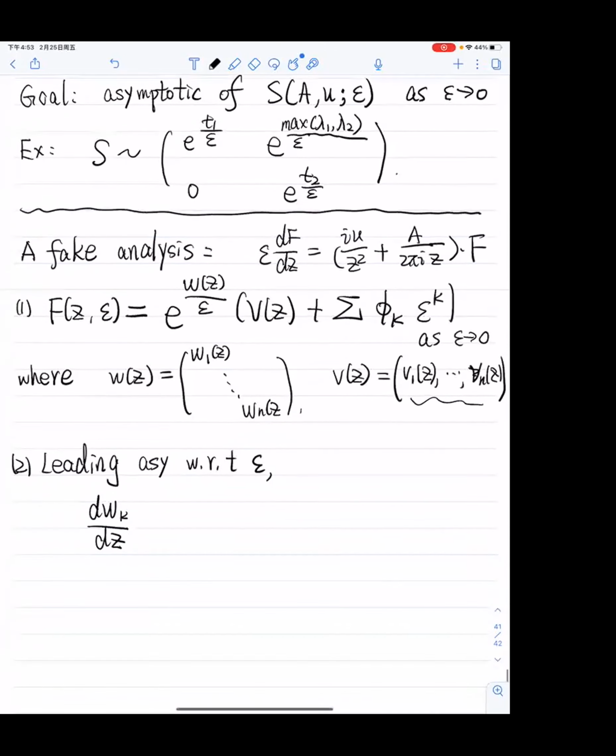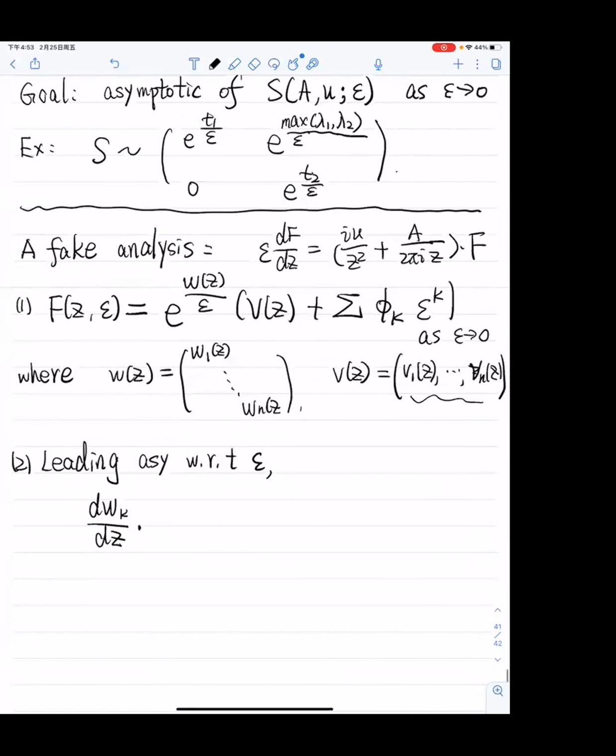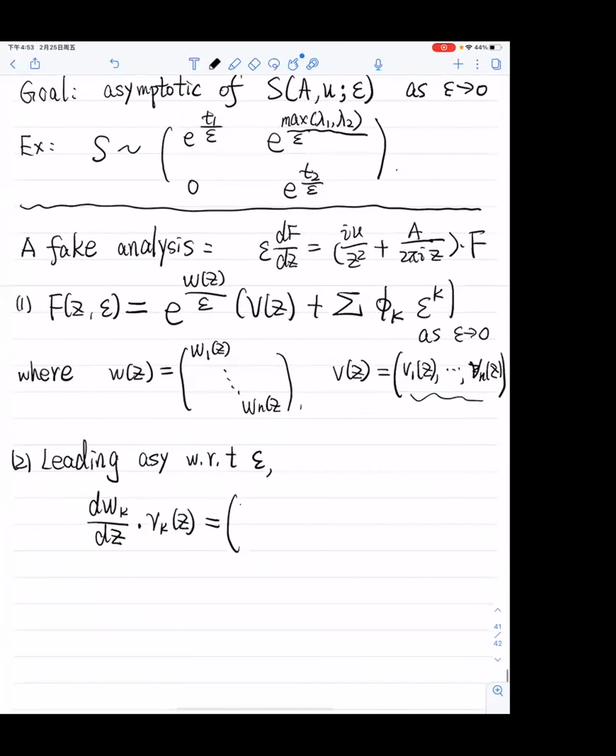So the derivative of omega with respect to z, as a number, times this column should equal the coefficient of our system acting on the column vector.